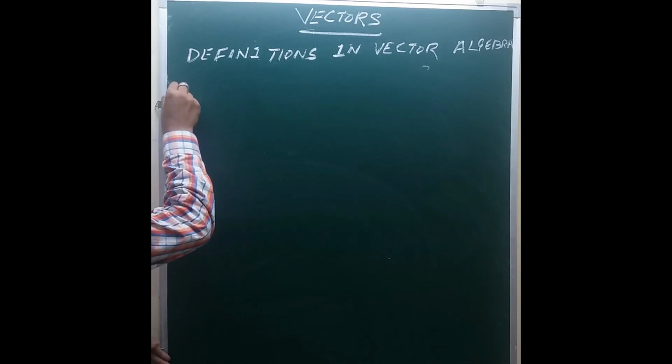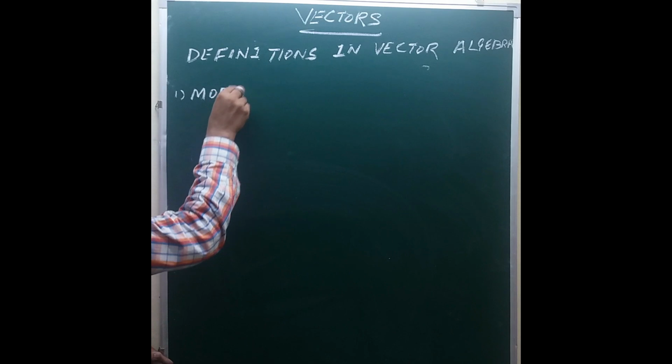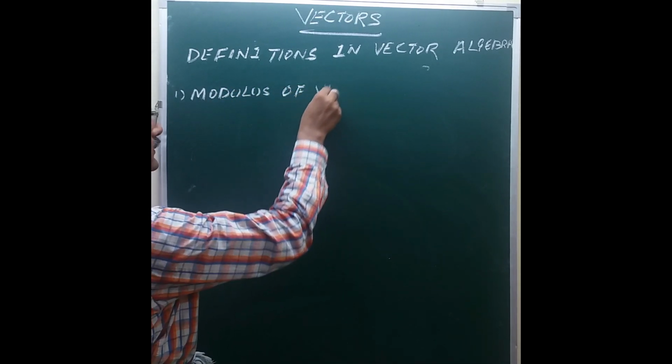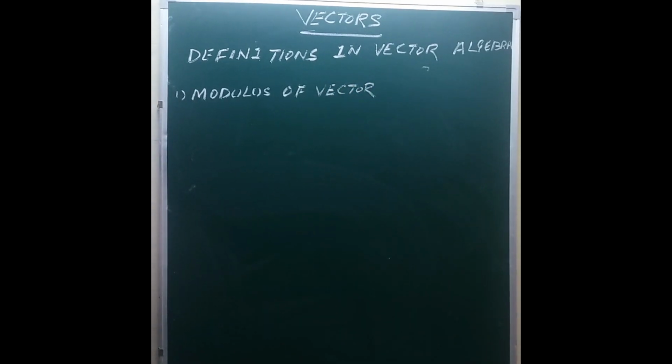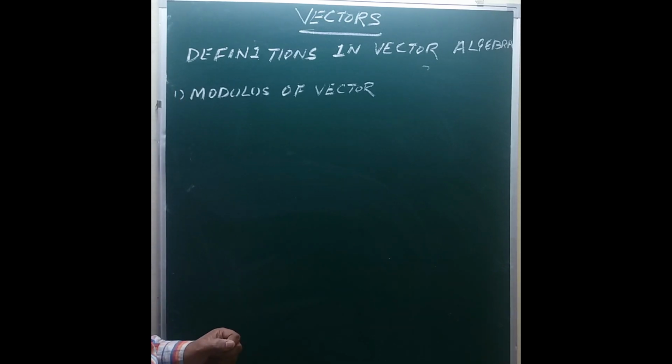First one is modulus of vector. We know that a vector quantity has magnitude and direction. The magnitude of a vector is called the modulus of the vector.